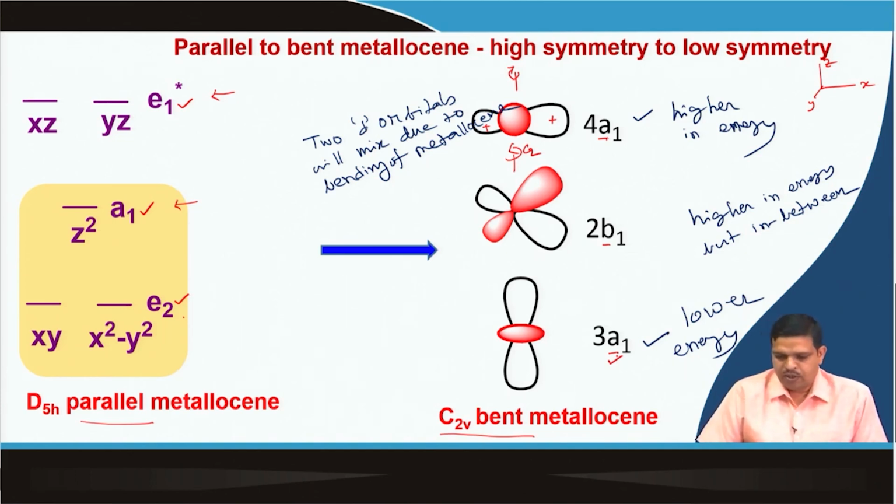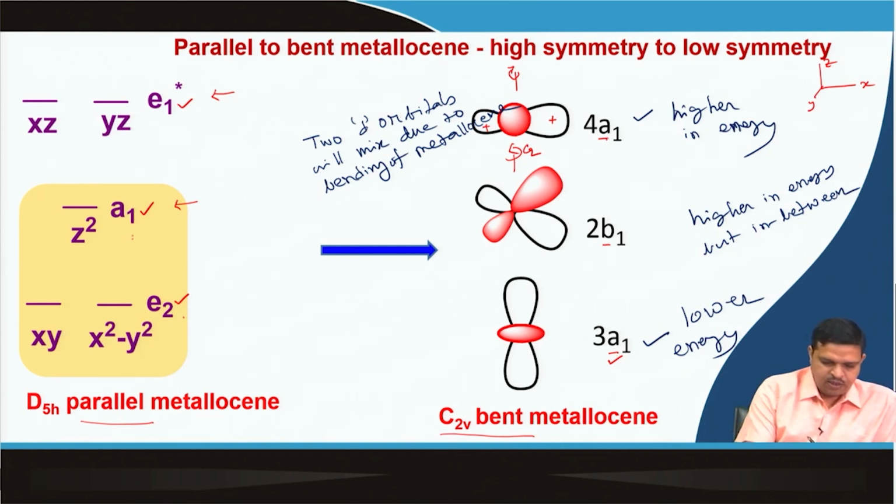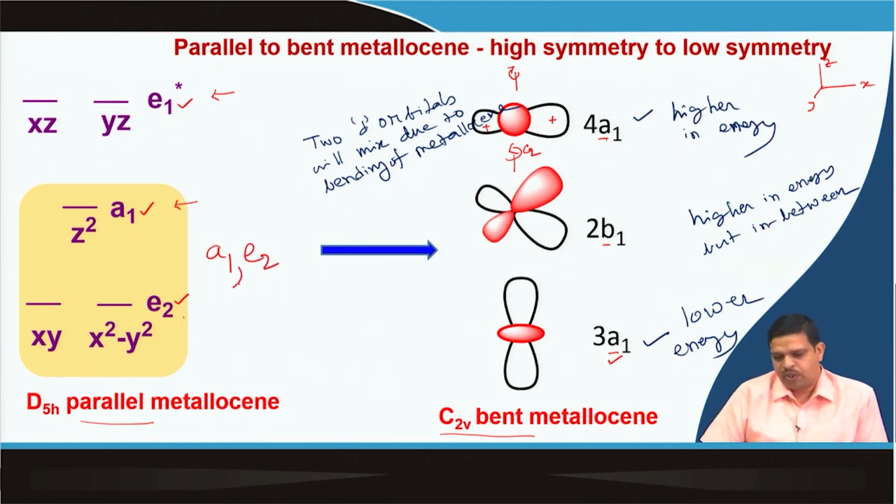Okay. So, now what will happen, you see that A1 and E2 now split into 3 orbitals, that is A1, B1 and A1. You will see that the dz square resembling orbital is the lowest in energy among these 3 d orbitals, and 4A1 is the highest in energy and 2B1 is in the middle.